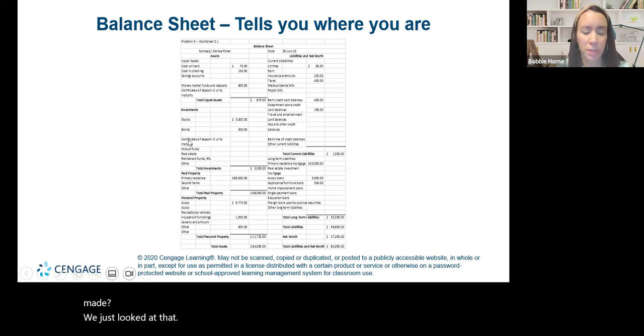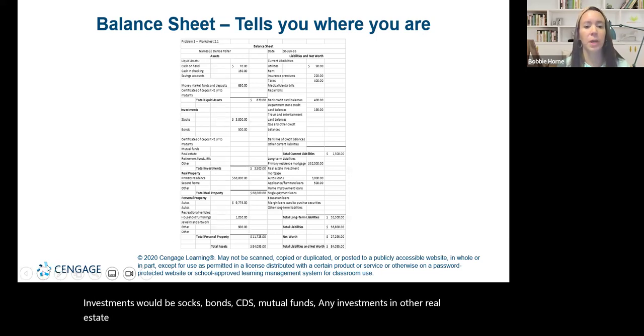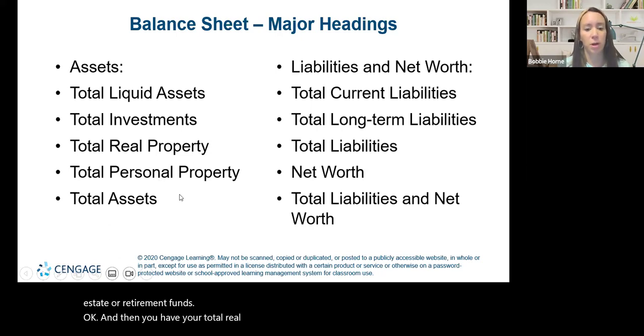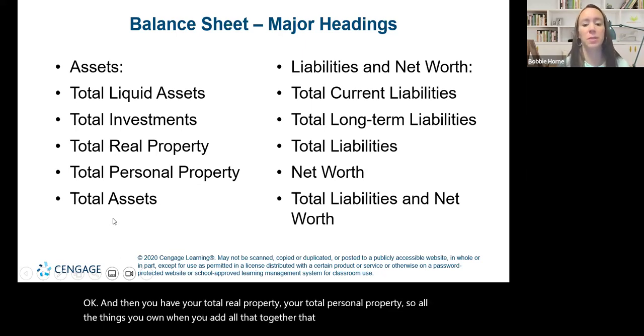Investments would be stocks, bonds, CDs, mutual funds, any investments in other real estate or retirement funds. Okay, and then you have your total real property, your total personal property. So all the things you own, when you add all that together, that is going to be your total assets.